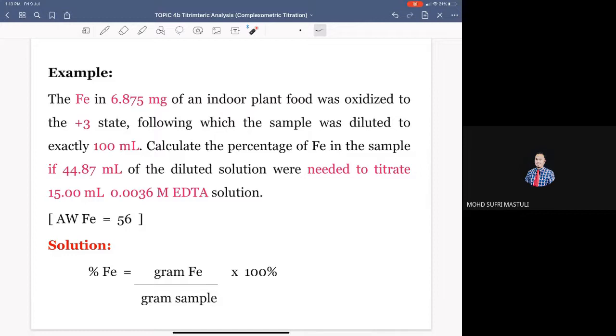And then calculate the percentage of Fe in the sample.